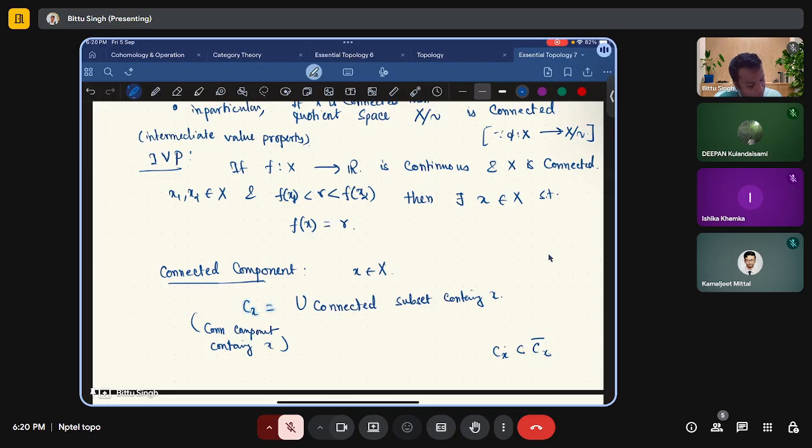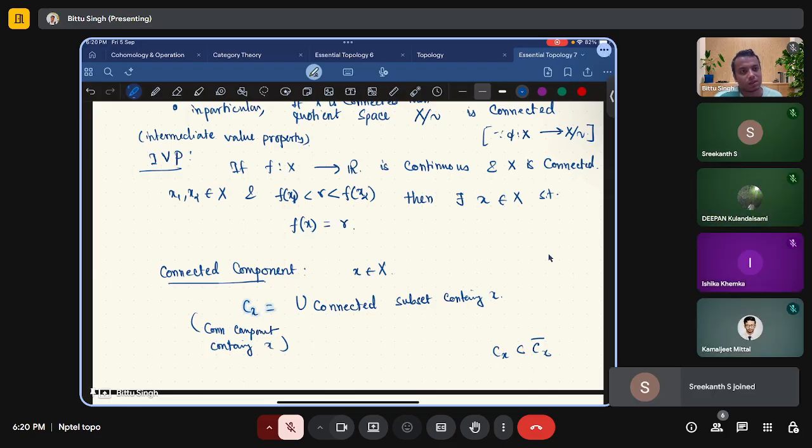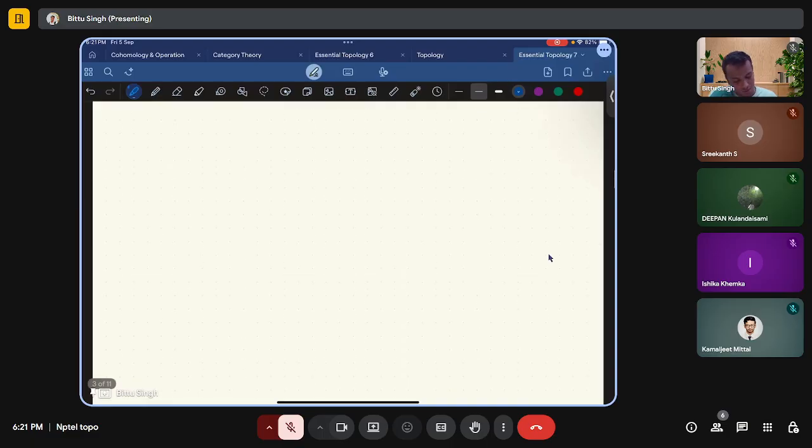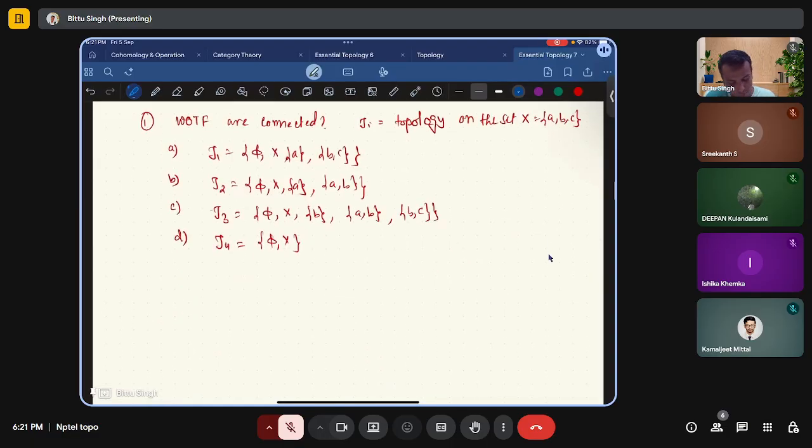So Cx is the maximal connected set. Therefore, Cx bar must be the same as Cx. Otherwise, if there is some inequality, then Cx bar will be strictly bigger, which is a contradiction. So this is not possible. Therefore, the connected component Cx is always the same as the closure of Cx. That is, a connected component is always a closed set. So those are some interesting properties.